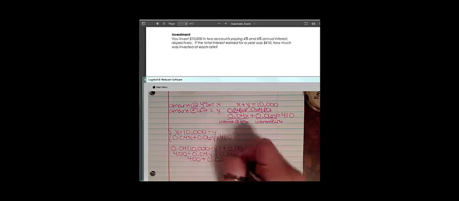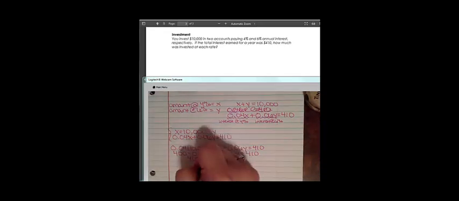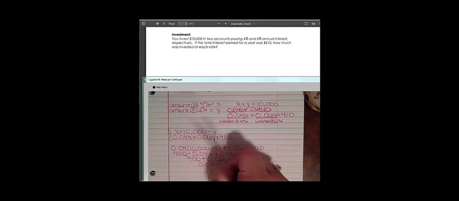Subtract over your 400. 0.02y equals 10. And then you need to divide both sides by the 0.02, and you get y equals 500. Remember, y is the amount invested at 6%. So you're investing $500 at the 6% mark.